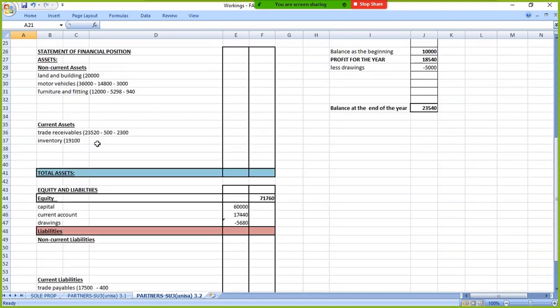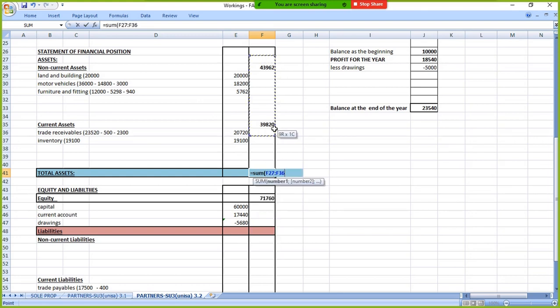Okay, so coming back to here. Add and subtract. Okay, total assets.